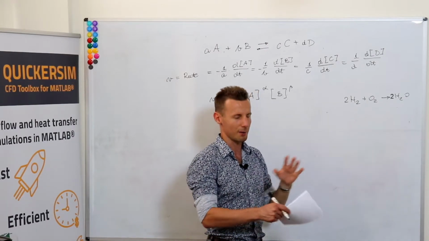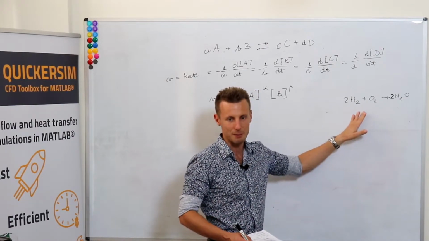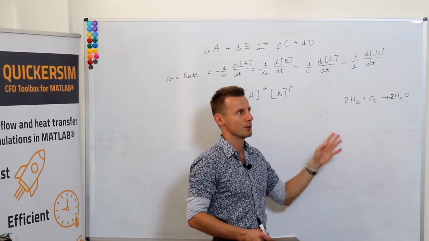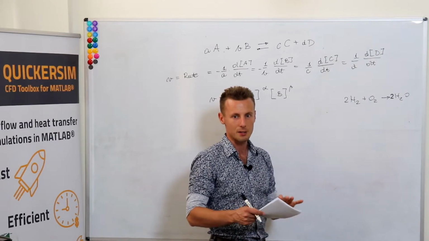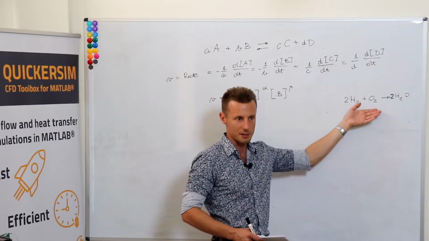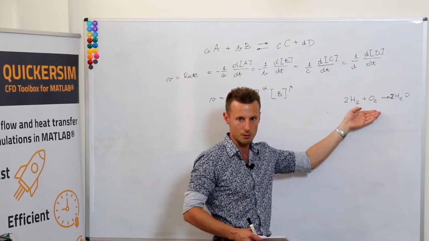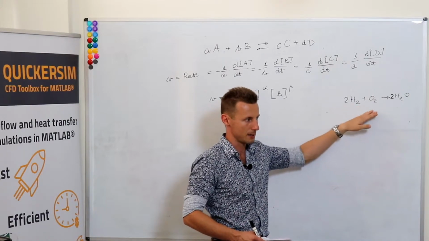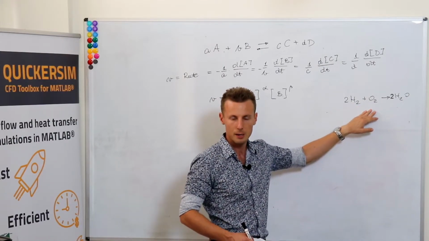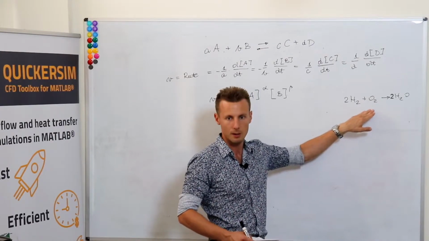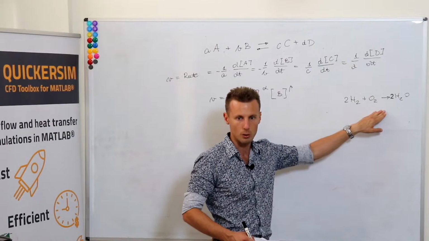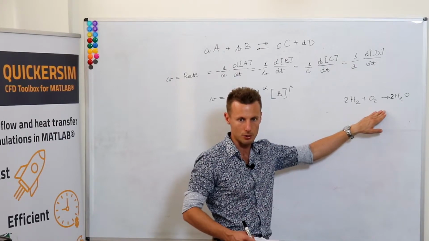I'm not a chemist, but I think they're losing some electrons, something. So there are many, many more collisions that sum up to such a reaction. So it's not the full reaction mechanism, but in many CFD simplifications you would simply implement such a straightforward chemical equation.